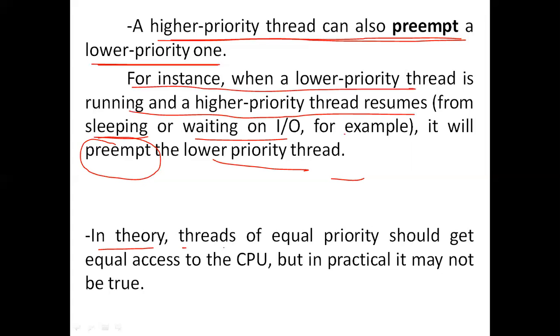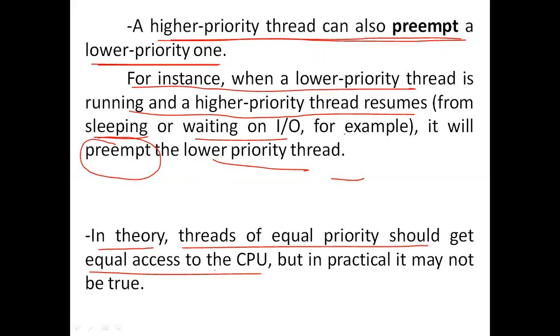In theory, threads of equal priority should get equal access to the CPU. What is the meaning of this? Well, theoretically, assume we have 4 threads which have the same priority, like 5. According to theory, because all these threads have the same priority, we assume that the CPU is going to fairly share its time among all these 4.